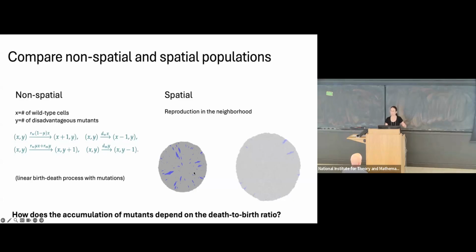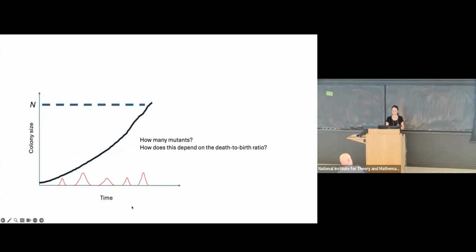And the spatial process is the same as I already told you. We just use the same rules. We start from one cell, we grow, stop at a given size, and count the number of mutants that we obtain. So like this. And so there is a specific question that we have in mind.